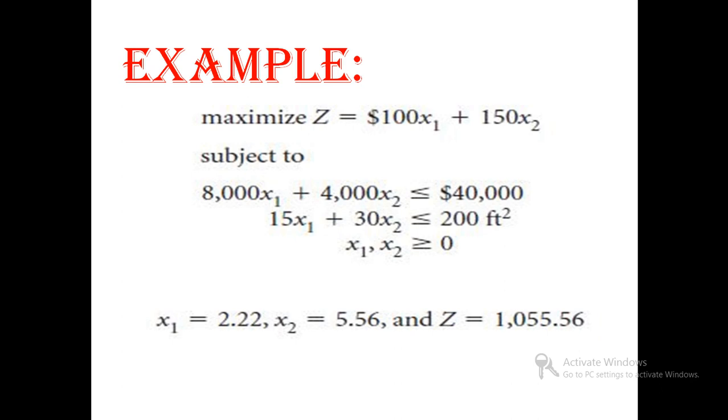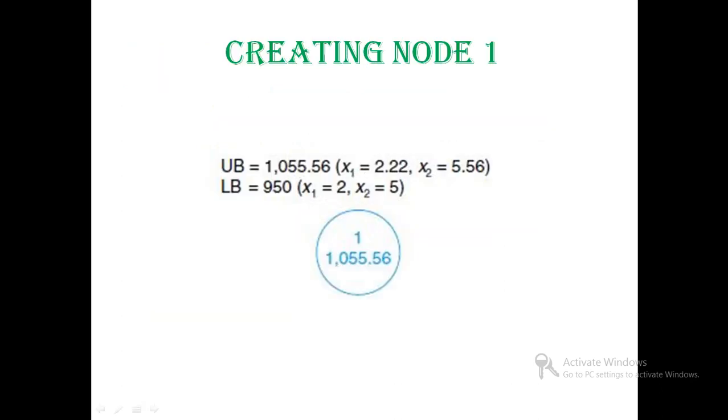So in any case, we cannot find a value greater than 1055.6. So we lower down the values of x1 and x2 to make them integers: 2.22 becomes 2, and 5.56 becomes 5, and the corresponding objective value becomes 950.